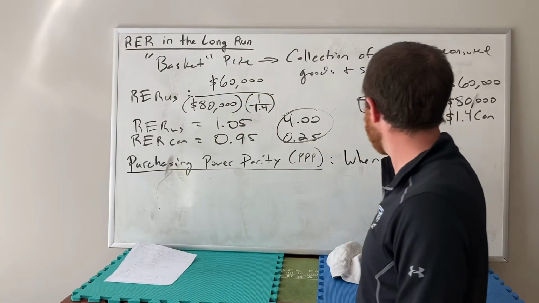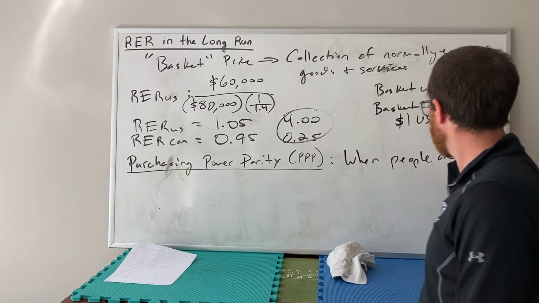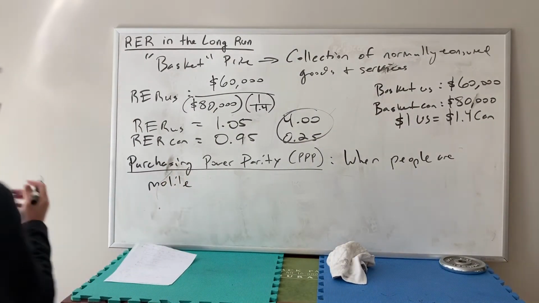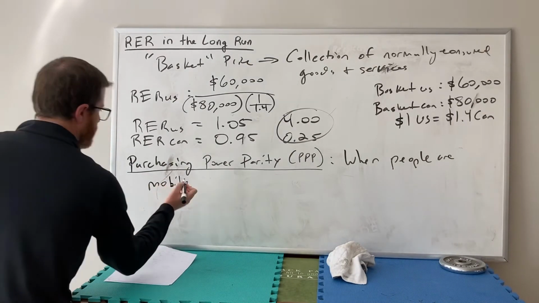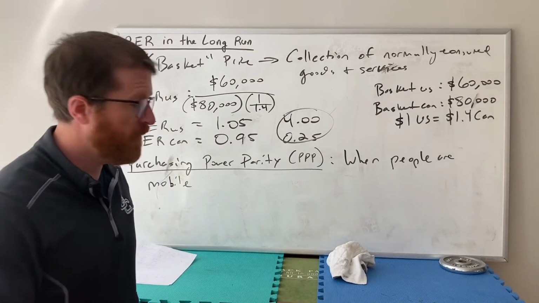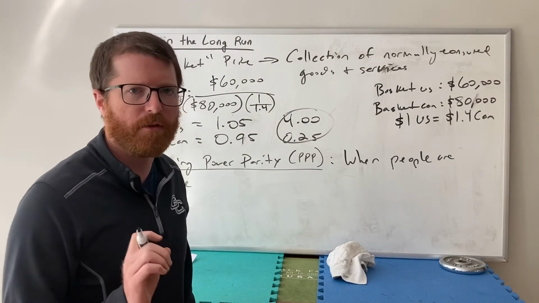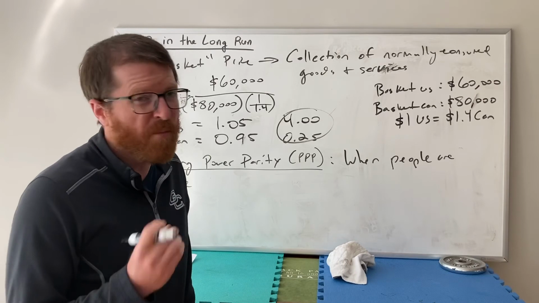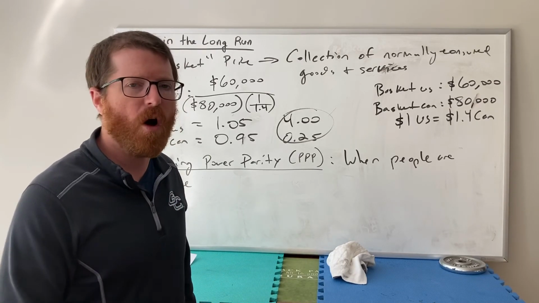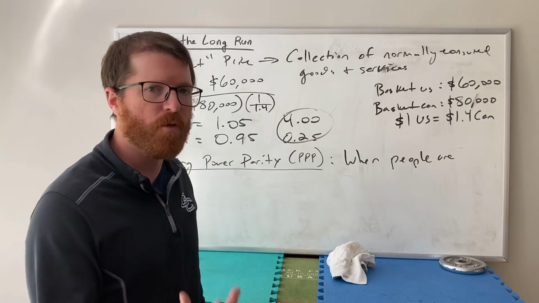And this is the idea that when people are mobile, freely able to move, okay? So there still could be transaction costs, all right? In other words, it's still possible that beer is way cheaper in Mexico, okay? And people aren't really moving because of beer. But if everything is way cheaper in Mexico, over time, you would expect people to move there.